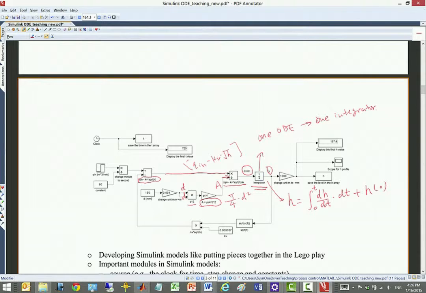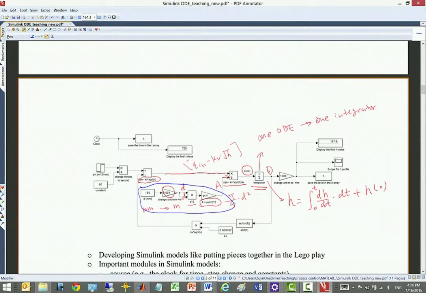In this example we need to change the diameter unit from millimeter to meter, so we multiply the diameter by 0.001. Based on this, we can calculate A. This block shows you how to calculate A.